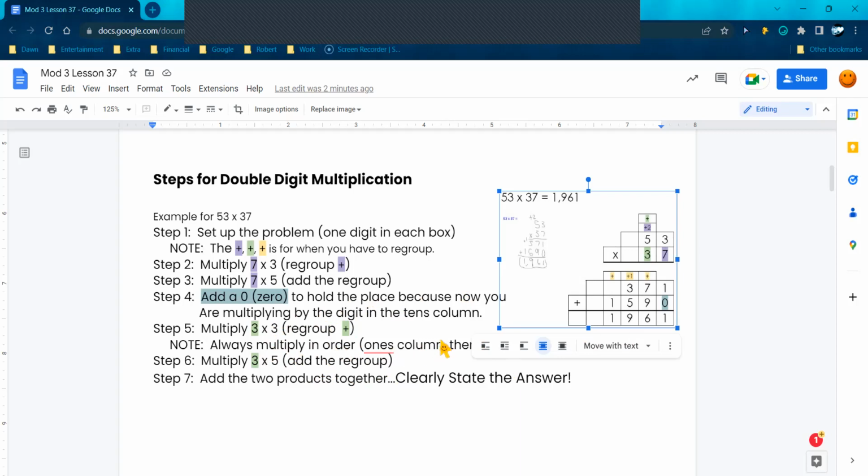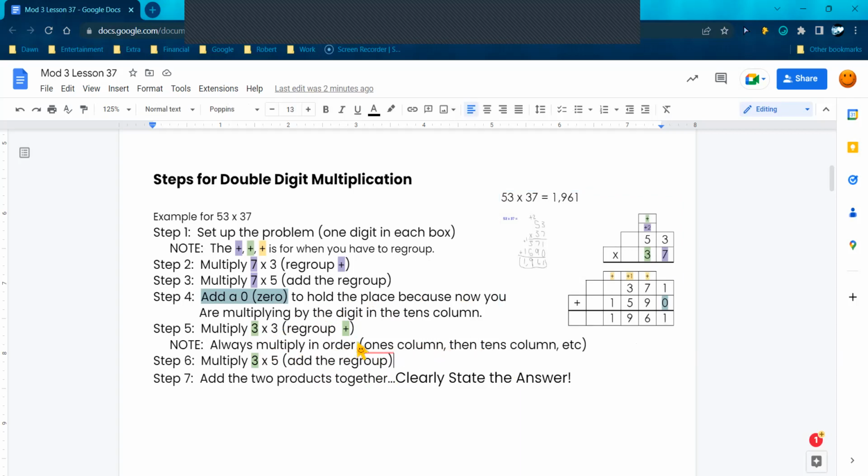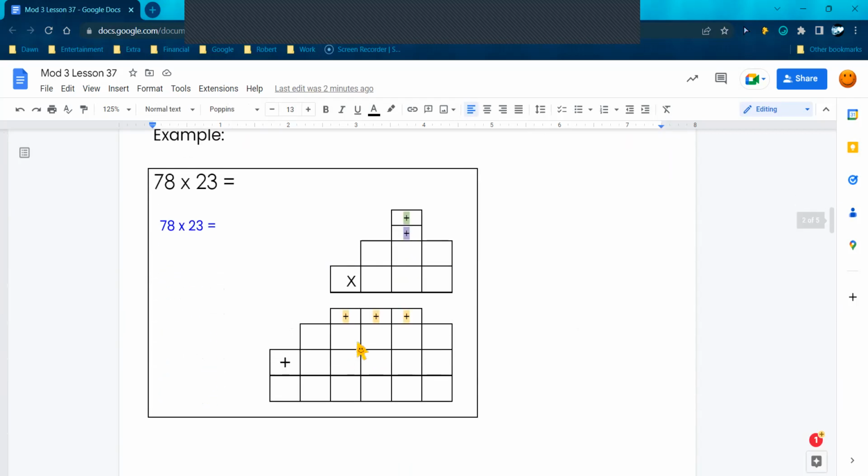Let's go try this in a real situation. Here's our example. We have 78 times 23. So this is my suggestion on any of this because of the associative property. And the associative property says you can multiply any number in either spot. So 2 times 3 is the same thing as 3 times 2.